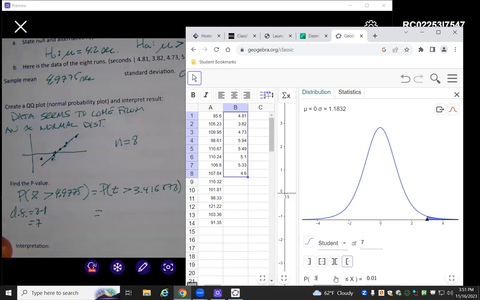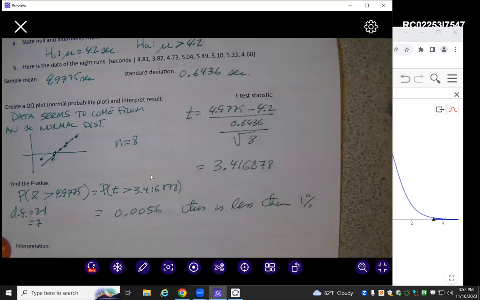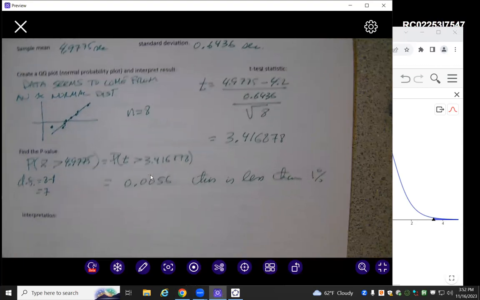And I got 3.416878. Hit return, and I get 0.0056. And that is very, very, very small, right? This is less than 1%. So yeah, this is very small.